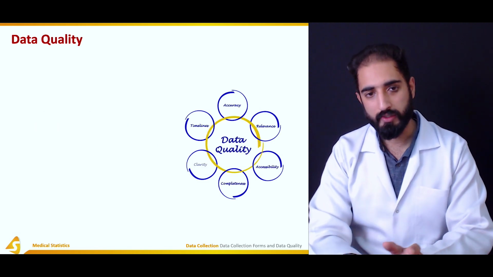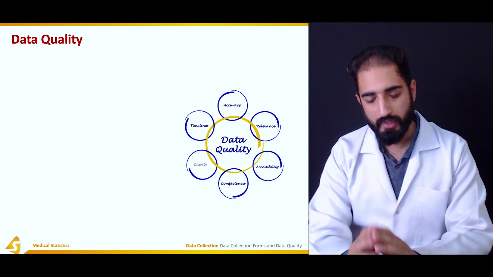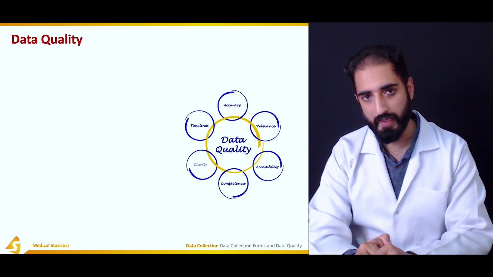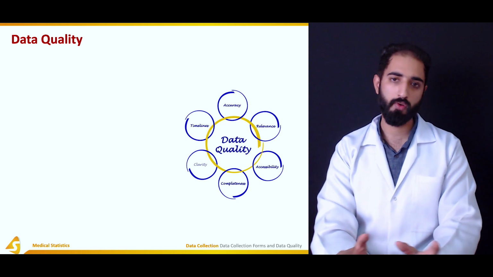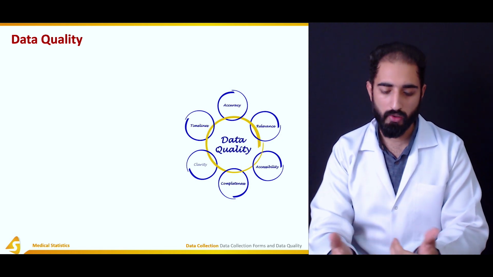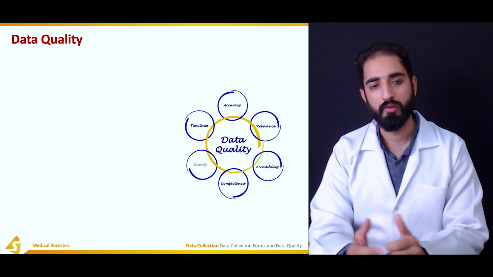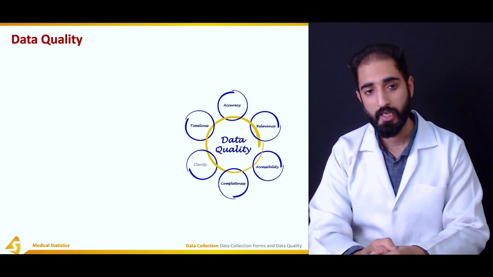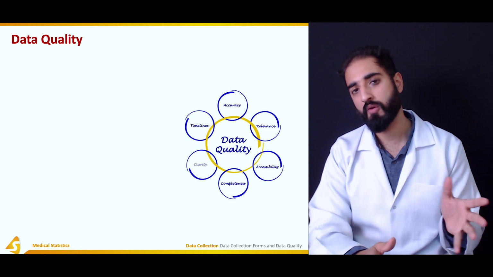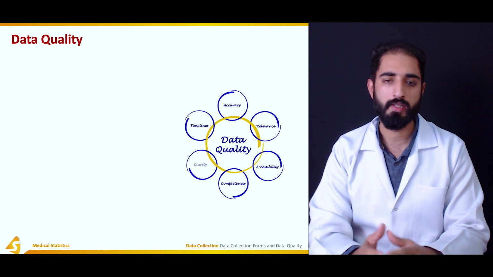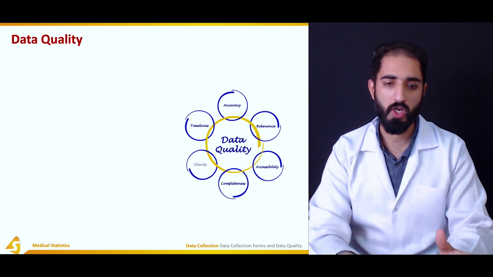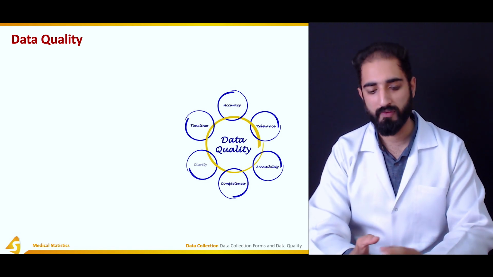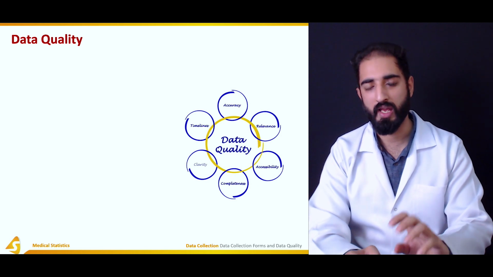Now, data quality. Data quality is very important, because if the quality of data is very good, then it's a very good research. The results would be good, the analysis would be spot on. But if the data quality is very poor, then obviously the results would not be reliable, they would not be valid, you'd have a lot of missing values and a lot of problems.